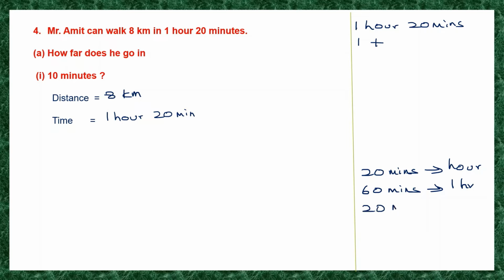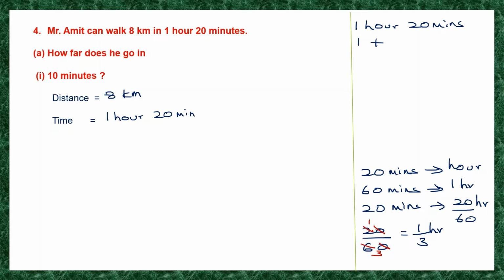Therefore, 20 minutes will be 20 divided by 60 of an hour. Let's cancel. So the zeros I can cancel, then 2 1s are 2, 2 3s are 6. So I get 1 by 3 of an hour.